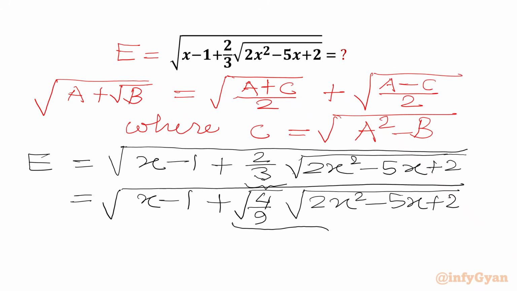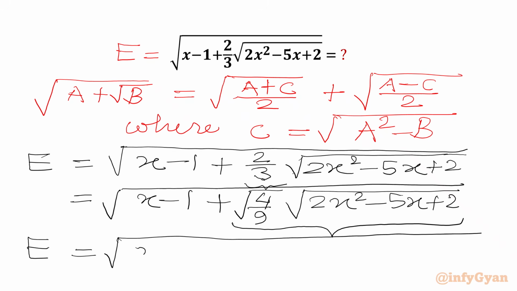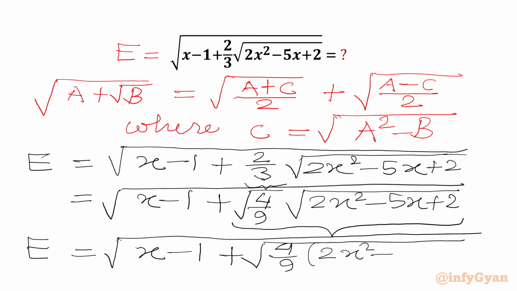Now we can club these two square roots here and we can write expression E equal to square root of x minus 1 plus square root of 4 over 9 times 2x square minus 5x plus 2.